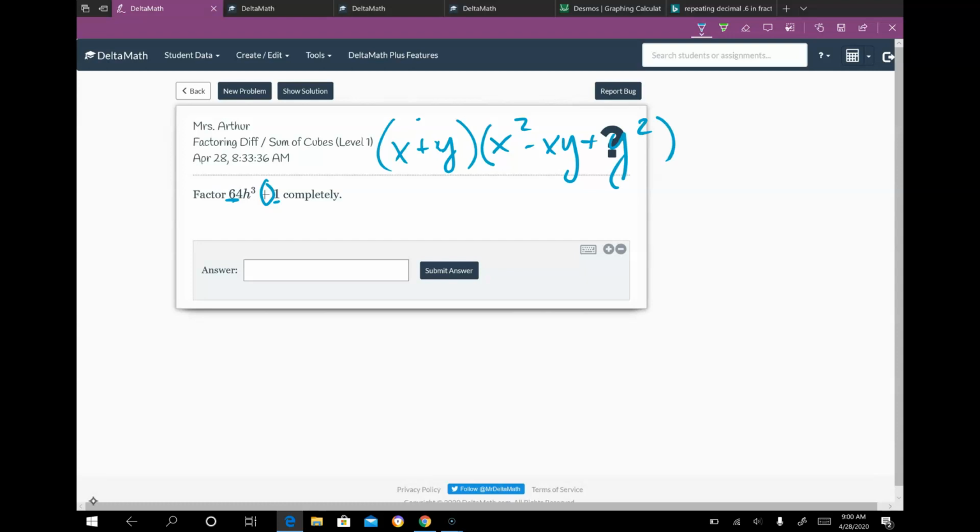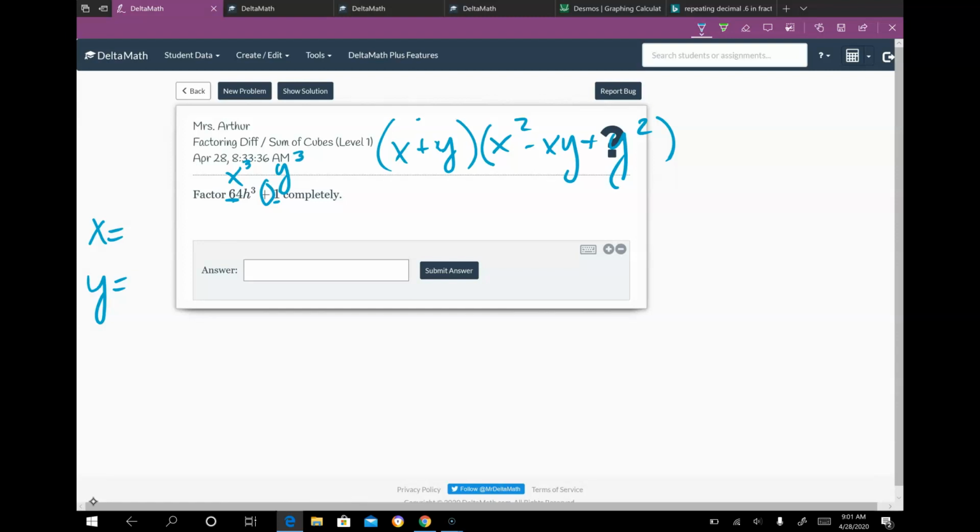All right, now this is your x, this is your y. Now the whole term is your x, like the 64h cubed is your x. So x equals 64h cubed, okay? And then y equals the 1, okay?